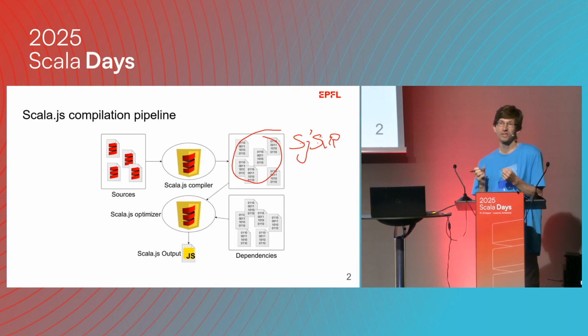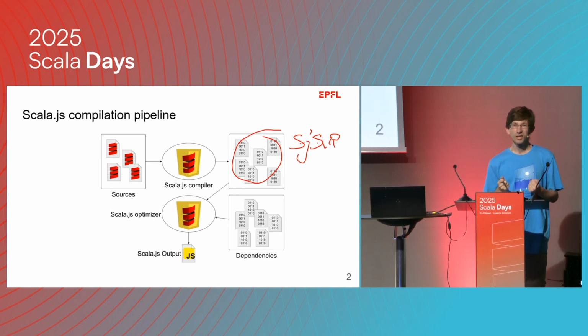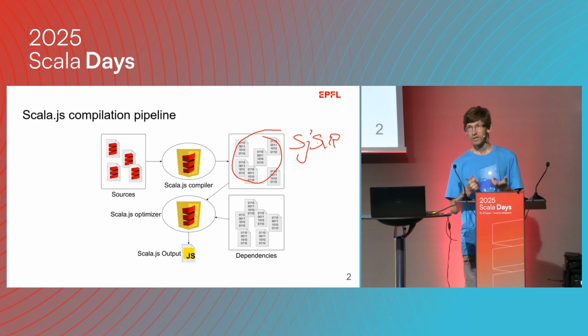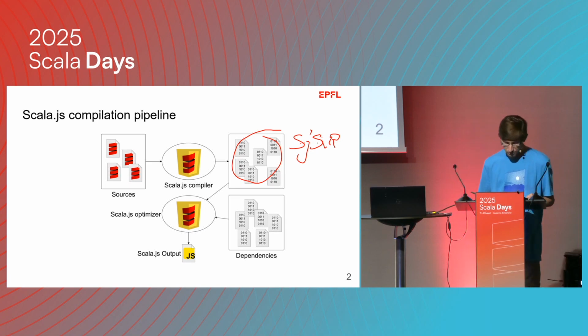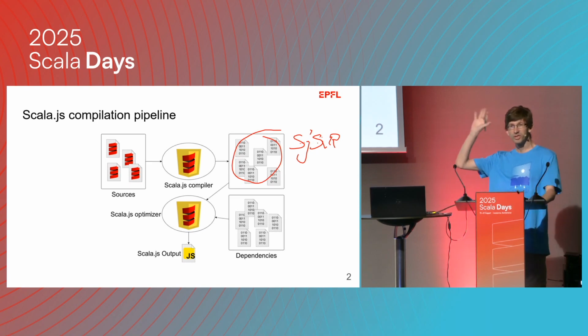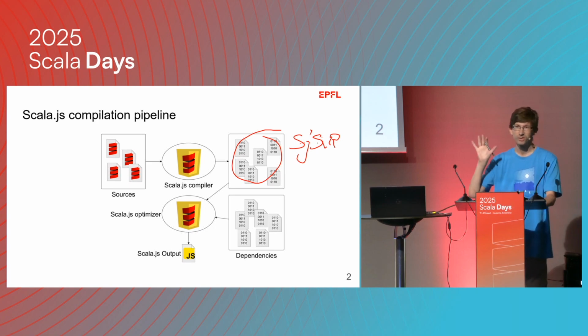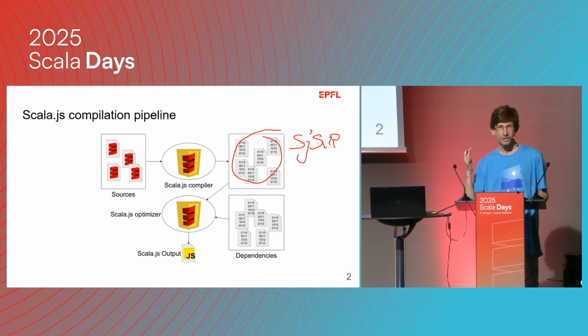And just like class files know about Java semantics, the SJS files know about JS semantics, all right? And then this is what we publish in libraries, right? So on Maven, in jars, we push the SJS files. We don't have JS in the jars, okay?